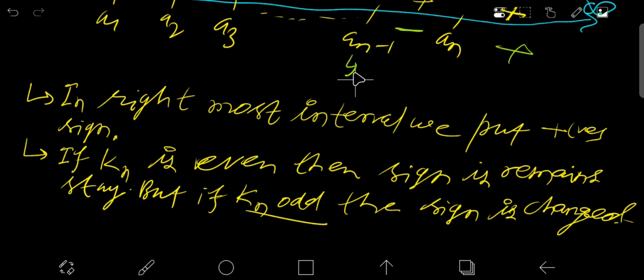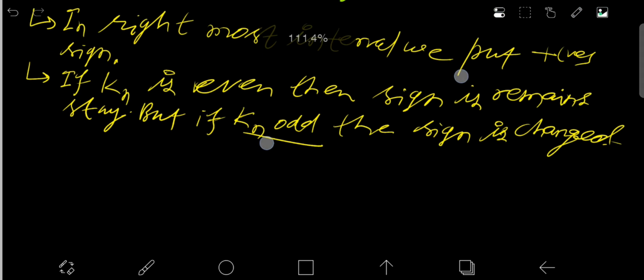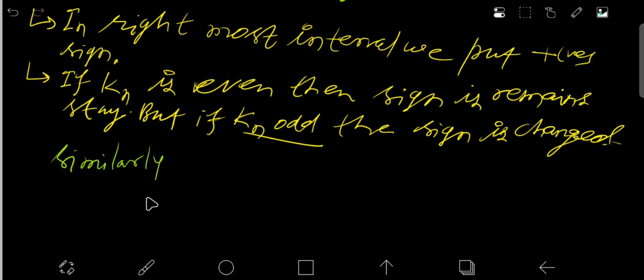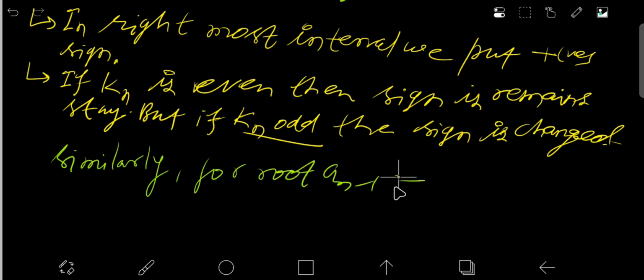And now we take the second condition similarly. For the root an minus 1 we put the sign.